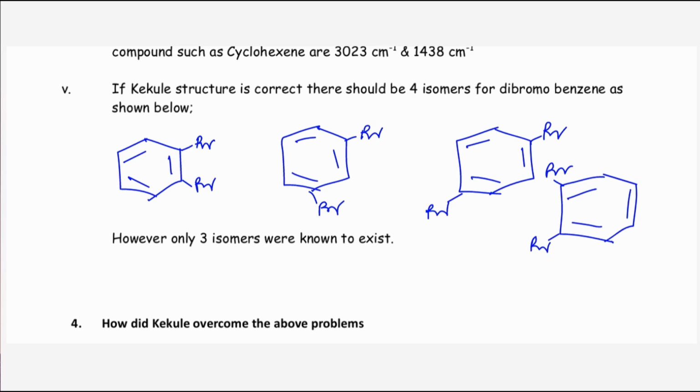This is not across the carbon-carbon double bond. So as per the Kekulé structure, there should be 4 isomers. But in practice, as we'll be discussing later, there are only 3 isomers. So that's also proof that the Kekulé structure is not correct. Please copy these 4 isomers of dibromobenzene.